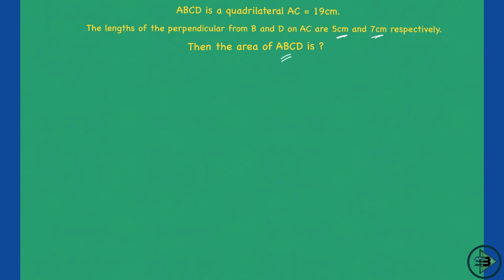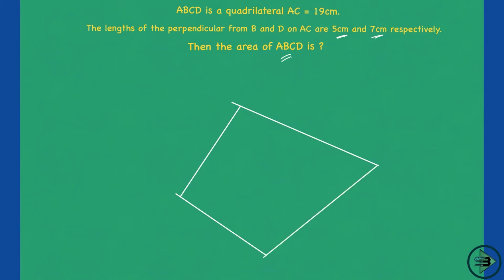Okay, if you're not able to visualize, let me just draw. Any quadrilateral means it could be any random quadrilateral that we are drawing here. So let me just draw any random quadrilateral and just join all this. Okay, this is the quadrilateral that we are drawing here. Let's just connect this with this and we connect this with this. Okay, this is any quadrilateral.